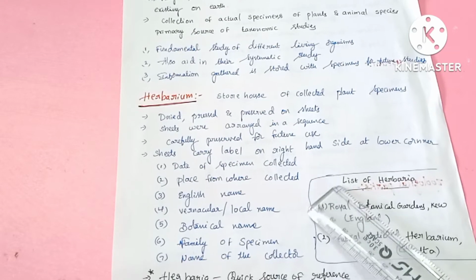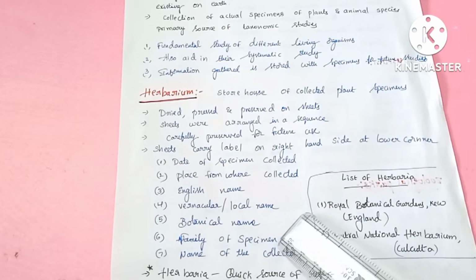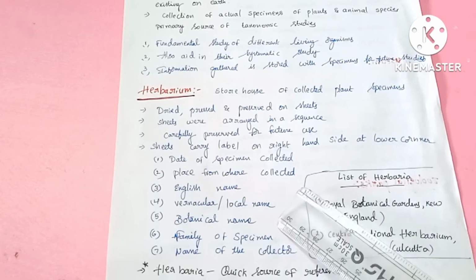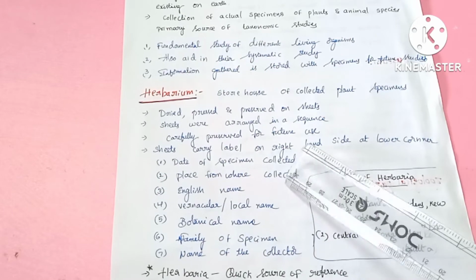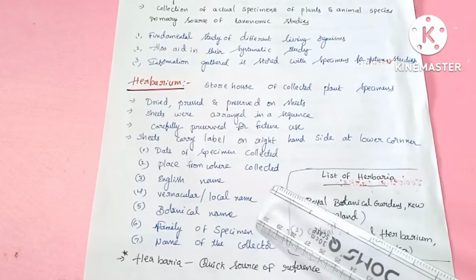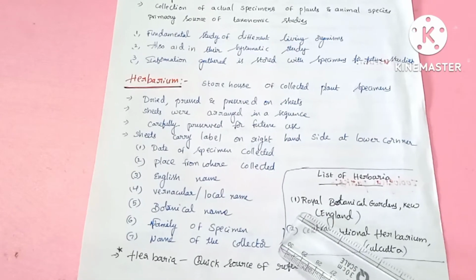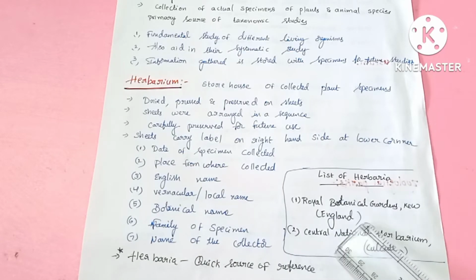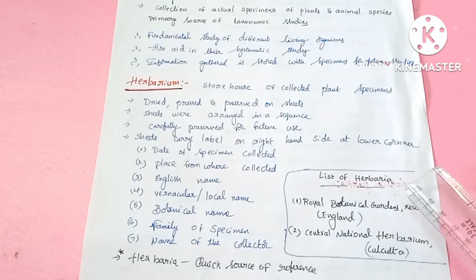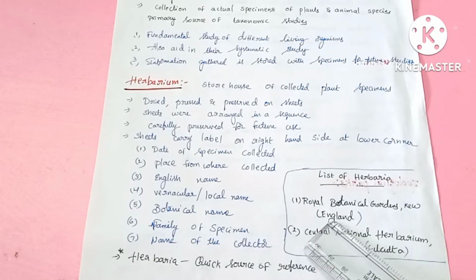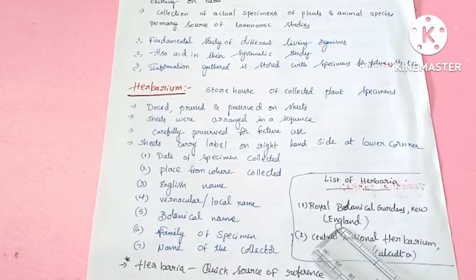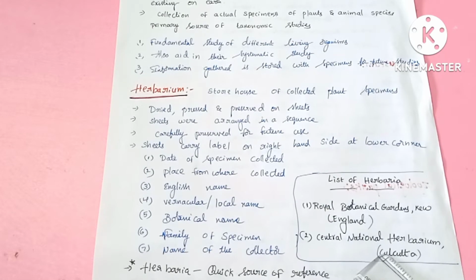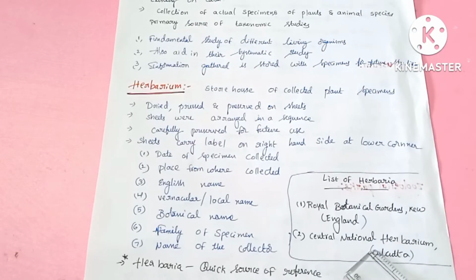And not only that, the botanical name or scientific name of that plant is also mentioned, and in addition the family of the specimen is also written, and finally the person who collected that plant is also mentioned. And these herbaria provide a quick source of reference. And here are some herbaria. The first one is the Royal Botanical Garden, Kew, which is located in England, and the Central National Herbarium, which is located at Calcutta.